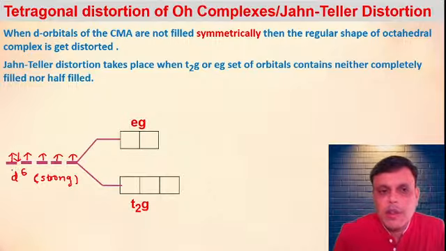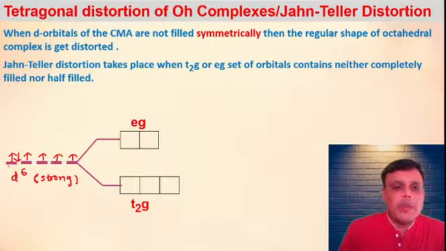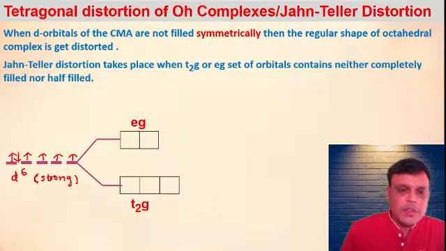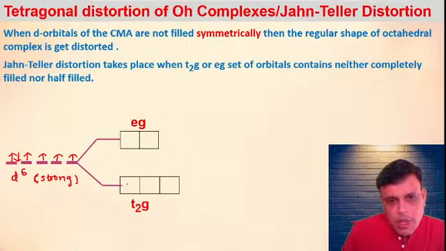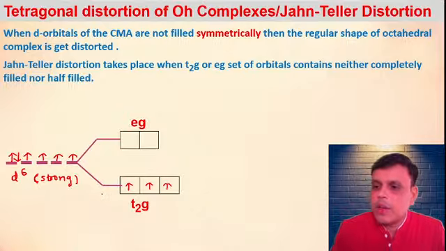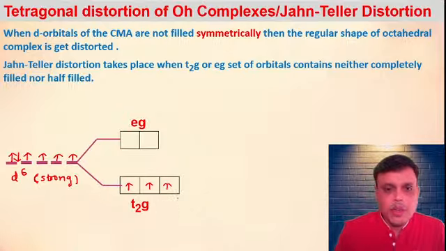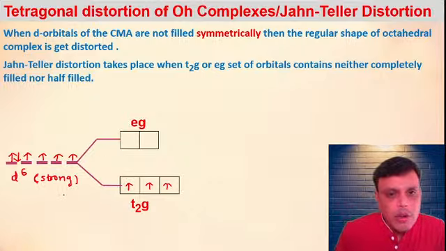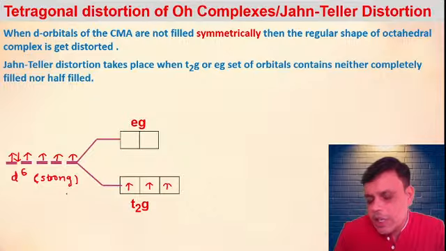We have 6 electrons in the free metal ion, and we have to fill these 6 electrons into T2G and EG orbitals. So first of all, according to the rule, the first 3 electrons will go directly into the T2G orbital. Then the fourth electron will go into EG or T2G orbital.